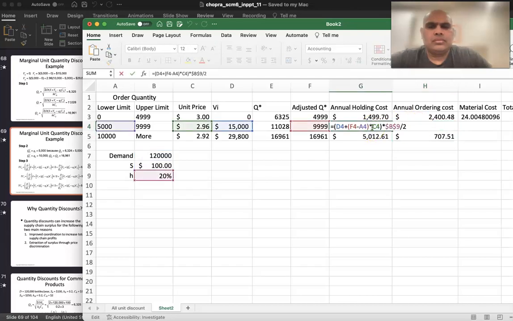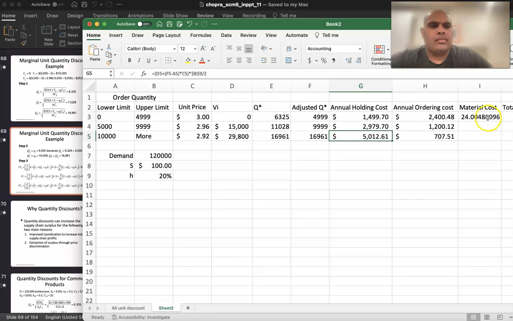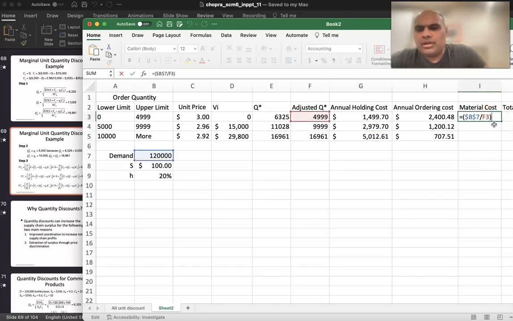So D over Q times the same thing that we calculated, so it'll be V0 plus Q0 times C0.